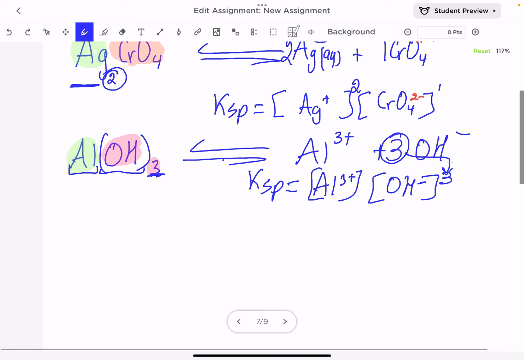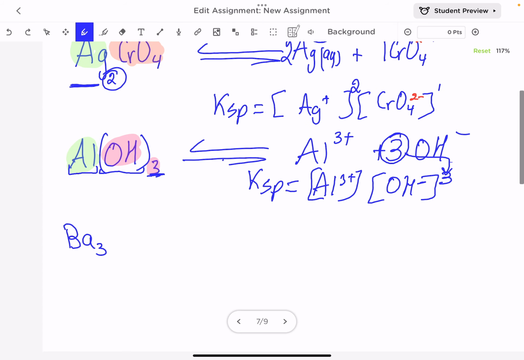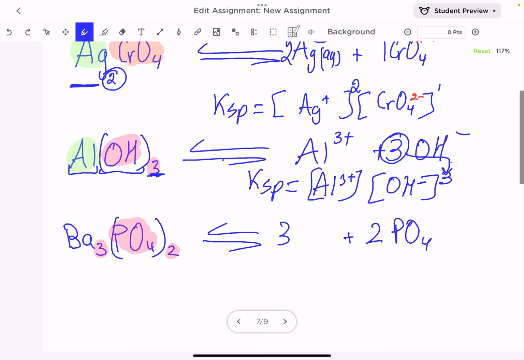Now, one more example. Last example in this video tutorial, barium phosphate. Again, I have a polyatomic ion inside parentheses. The 3 and the 2 are going to be the stoichiometric coefficients in this equation.